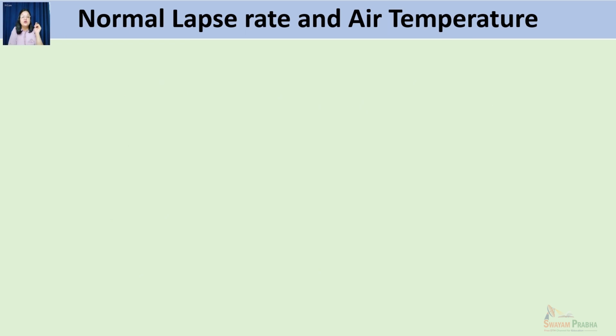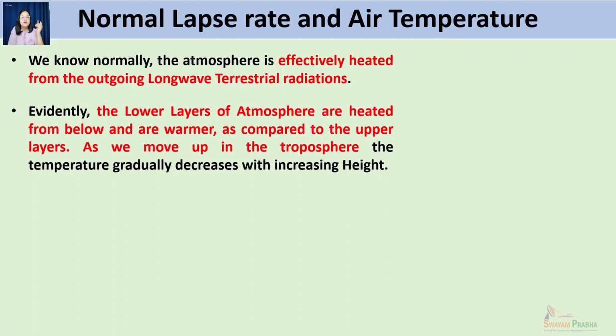Before understanding what temperature inversion is, we must first understand the concept of normal lapse rate and air temperature. As we have discussed many times in the previous lectures, our Earth is effectively heated from the outgoing long wave terrestrial radiation, and this radiation heats up the lower layers of the atmosphere which are near to the surface of Earth first, and then slowly and gradually this heat is dissipated to the upper layers of the atmosphere.